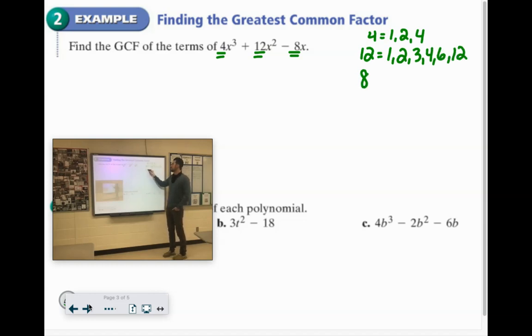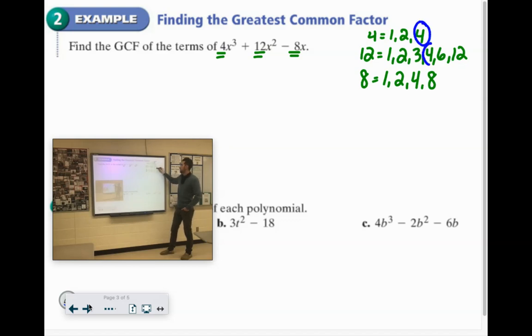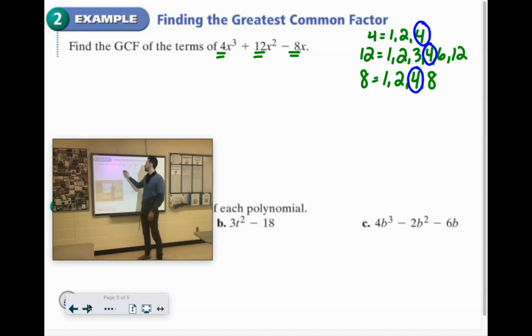And then 8 is 1, 2, 4, and 8. Factors are numbers that go into that number. So what is the largest thing they have in common? Let's see, they all have a 2. They all also have a 4. So 4 would be the greatest coefficient that goes into all three of those terms.